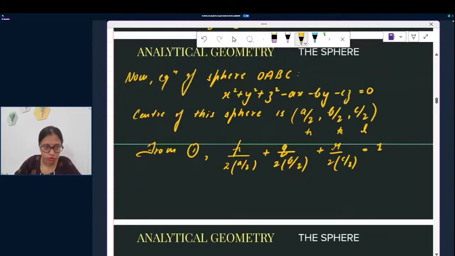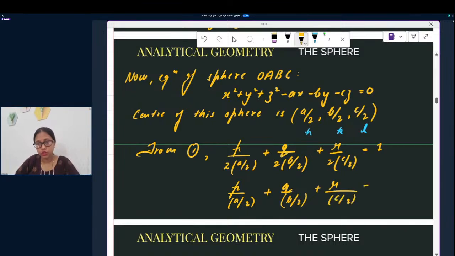This 2 I can take to the right hand side. Using a by 2 as x is obviously your choice, you do not need to introduce it. But you should be clear that we need to change a by 2 to x: p by a by 2 plus q by b by 2 plus r by c by 2 is equal to 2.